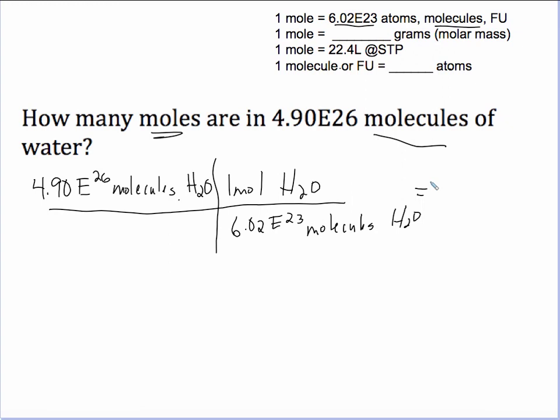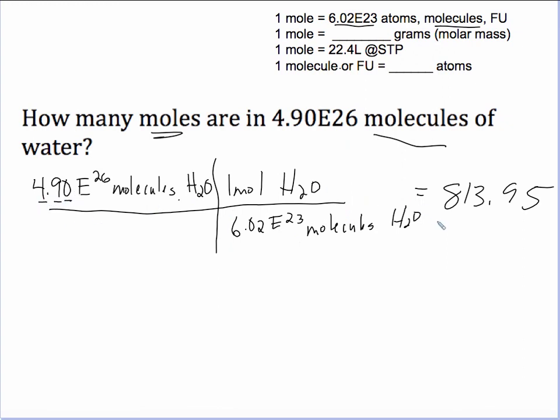Okay, then you do the math. So you type in 4.90 e to the 26 divided by 6.02 e to the 23rd. And my calculator says something like this right here. It says 813.95.